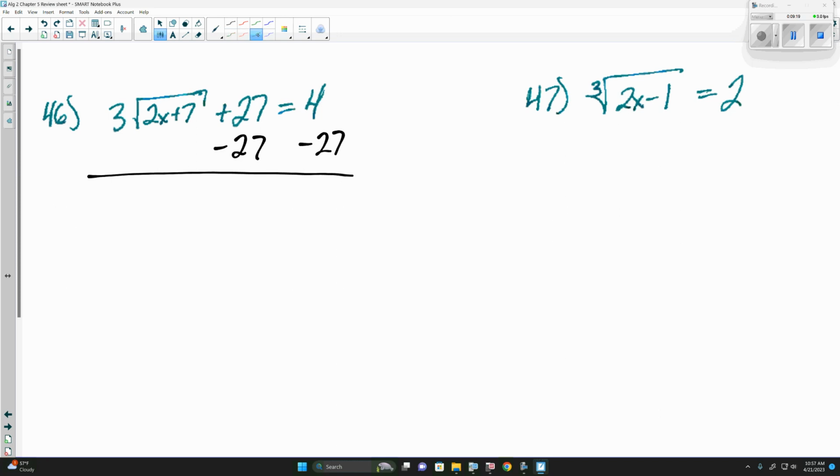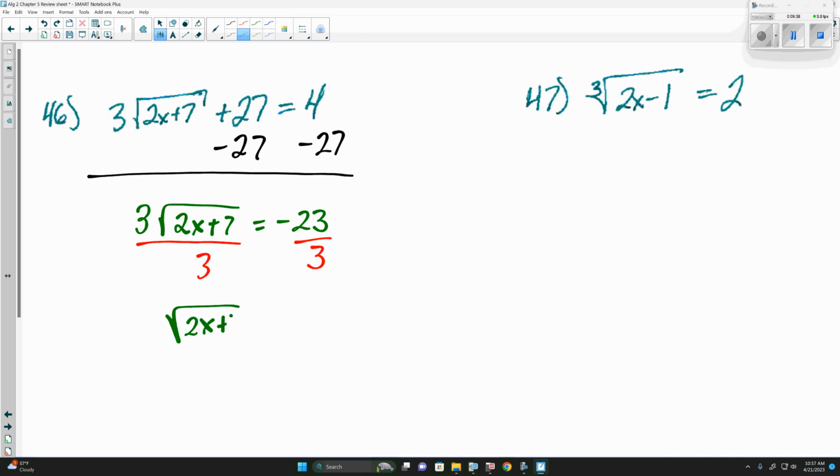And what that'll tell us is that 3 square root of 2x plus 7 is equal to negative 23, guys. Now at this point here, we can divide both sides by 3, telling us that the square root of 2x plus 7 is equal to negative 23 over 3.